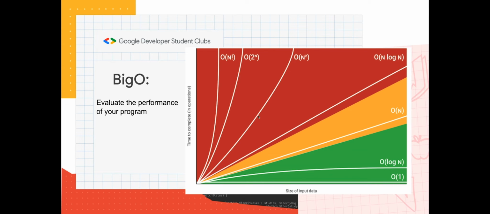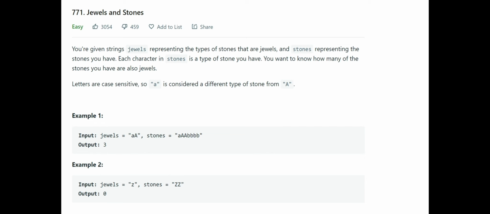So basically what this question is asking is, you're given a string called jewels, which is representing the types of stones that are jewels, and then there's another string called stones, and that represents the stones you have. And each character in the stones string is a type of stone you have, yeah? And you want to know how many of the stones you have are also jewels.